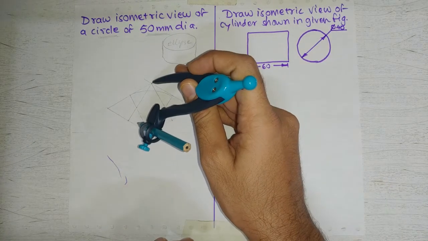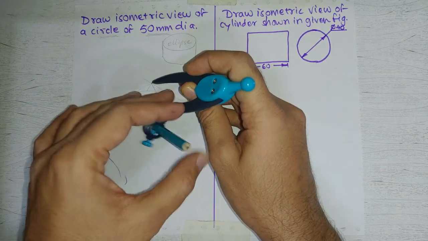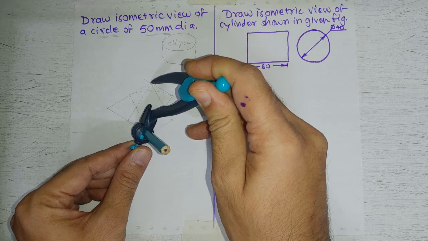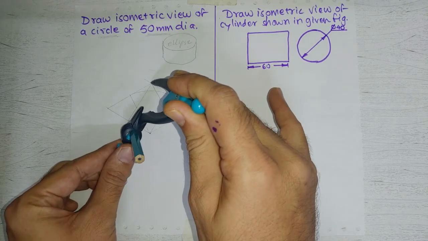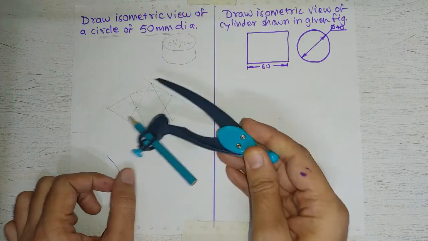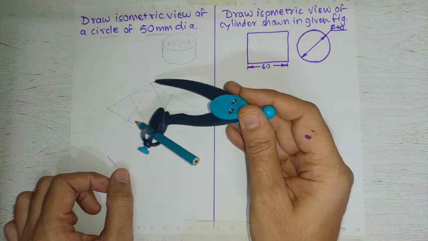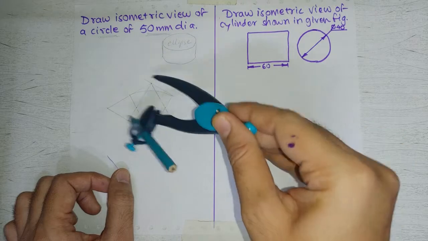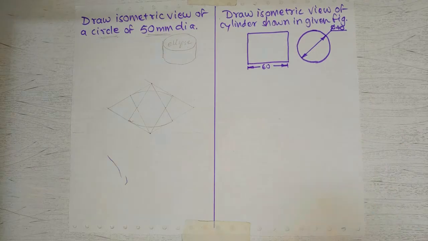Now similarly, I will take this point as center and this distance, and then I will connect this point to the other. Okay.